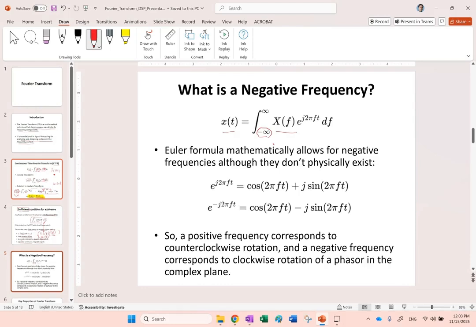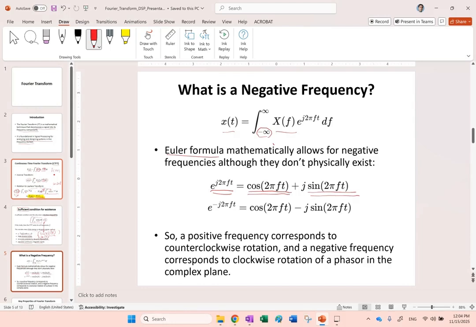What does that mean? Well, this comes from the Euler formula. If you look at the Euler formula, which allows for complex exponentials, if I calculate e to the j2 pi ft, what would you get? It is going to be cosine of 2 pi ft plus j sine of 2 pi ft.